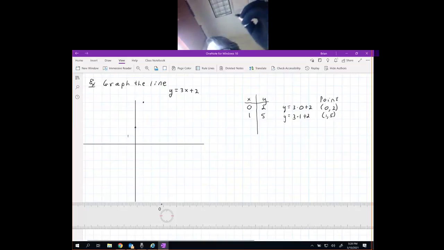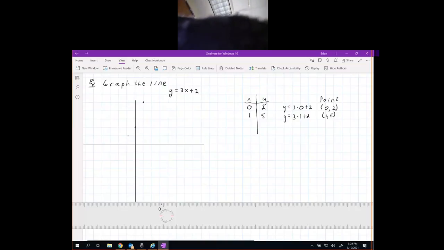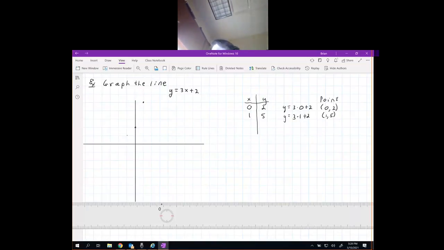However, I would like to know if I'm doing it correctly, so I would like to do something to check my work. So I'm going to pick another number for x, say -1. Now, when I replace x with -1, y is also going to equal -1, and we have the point -1, comma, -1.